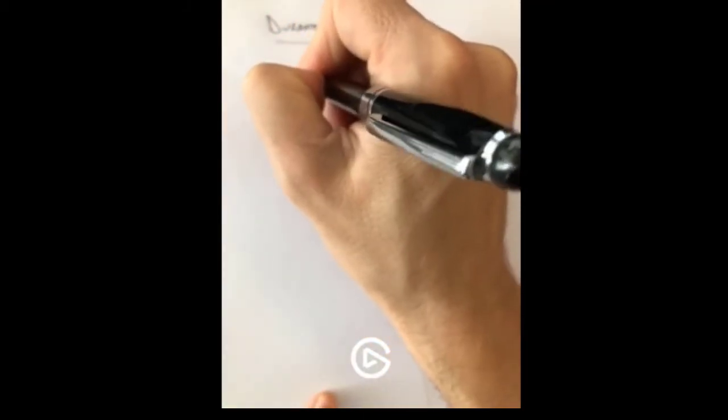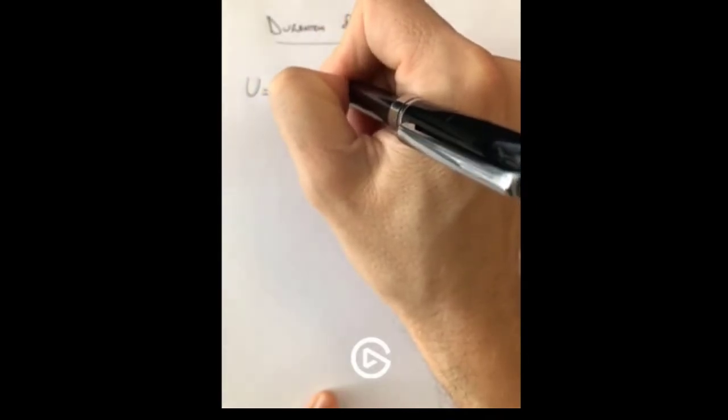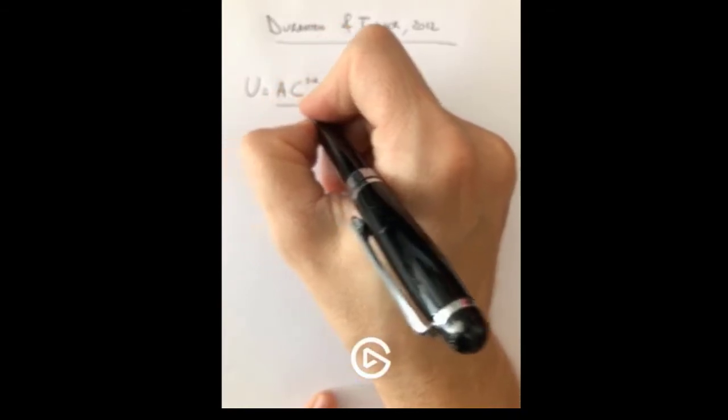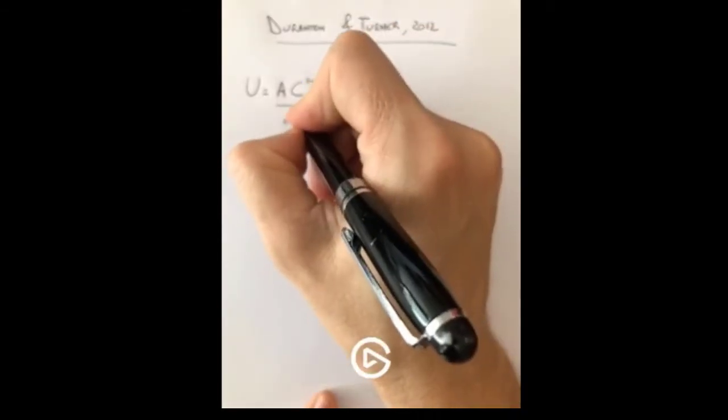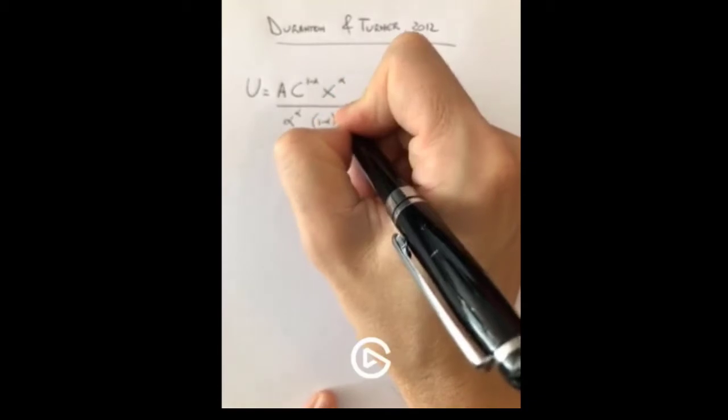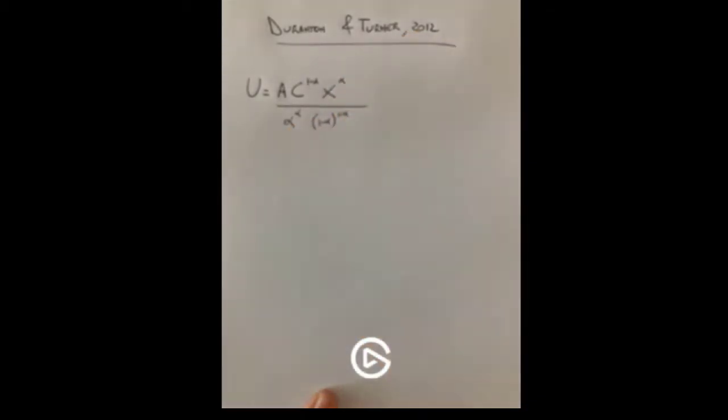There is a representative consumer that has a utility that is equal to A times C with exponent 1 minus alpha times X with exponent alpha, divided by alpha with exponent alpha and 1 minus alpha with exponent 1 minus alpha.